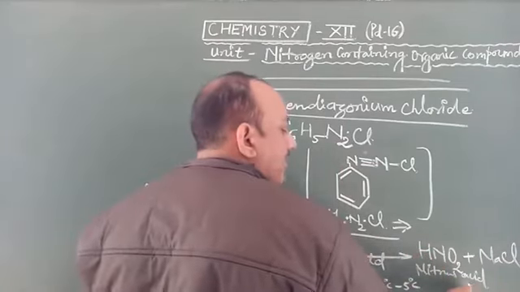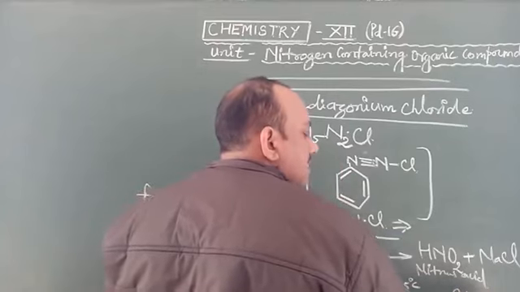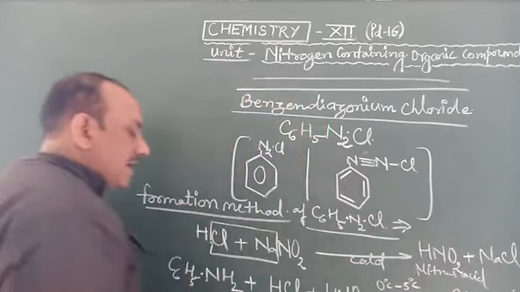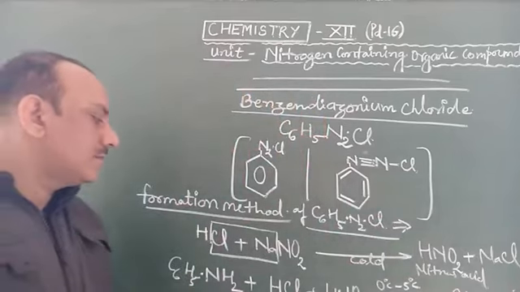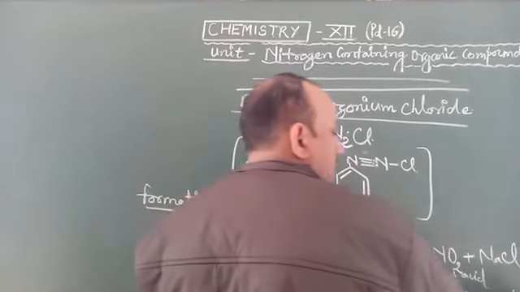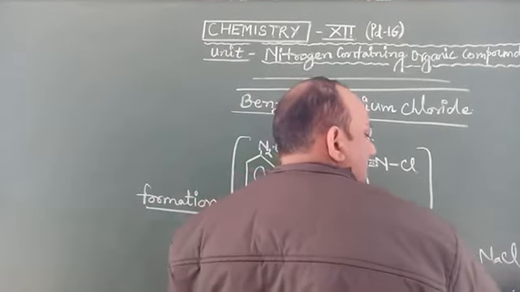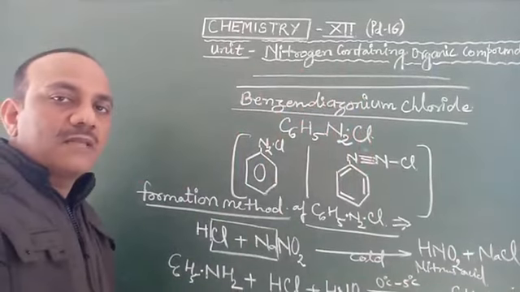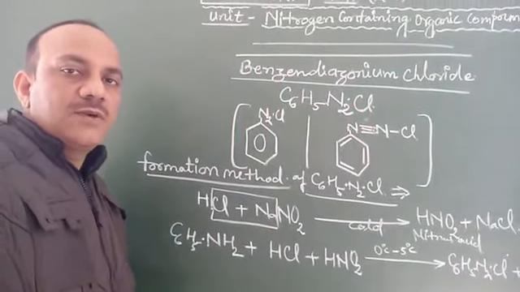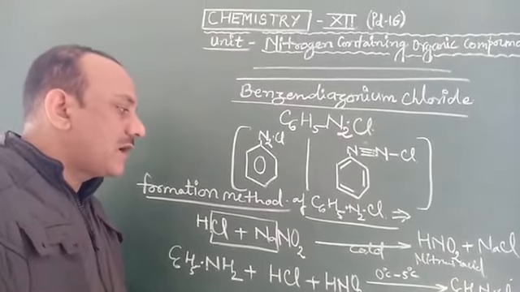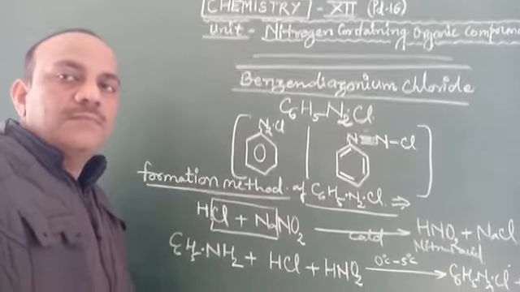The formula of benzene diazonium salt is C6H5N2Cl plus a water molecule, 2H2O. So this is the preparation method of benzene diazonium salt. Here we take the reaction in one step.